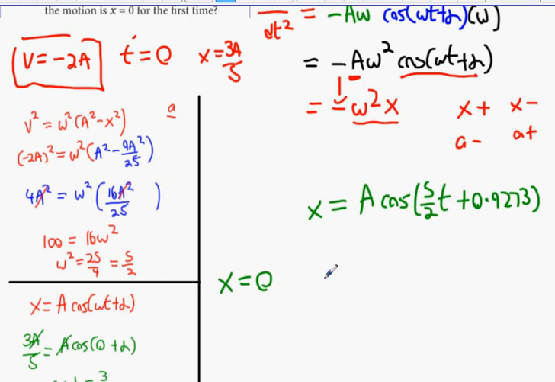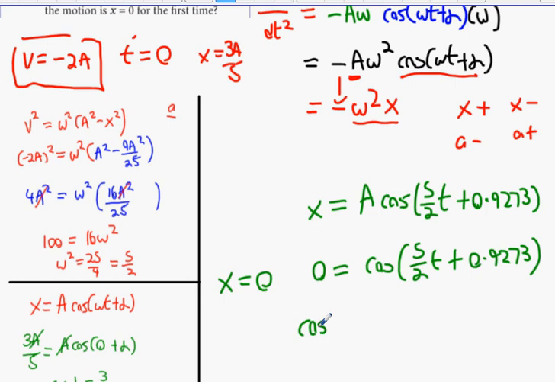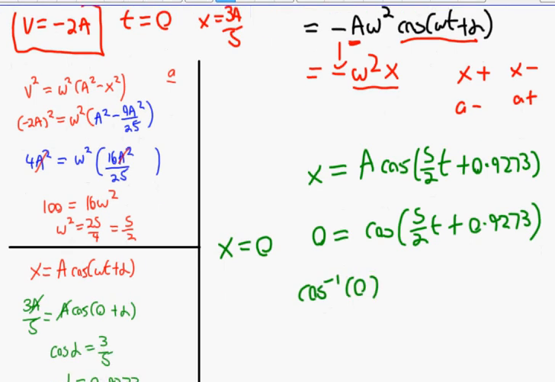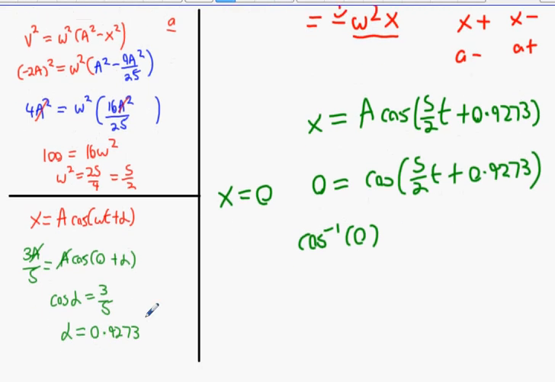So x equals 0. So 0 equals, now the a value is irrelevant, so it's going to be cos of 5 over 2t plus 0.9273. What's cos inverse 0, guys? Pi over 2. Any other answers?